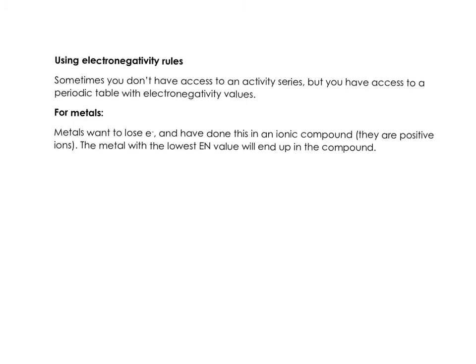So what happens is the one with the lowest electronegativity value will end up being in the compound, because that means it's lost its electrons. So for metals, the rule is find the electronegativity values for the two metals, or the metal plus the hydrogen, and compare them. The one with the lowest value will end up in the compound.